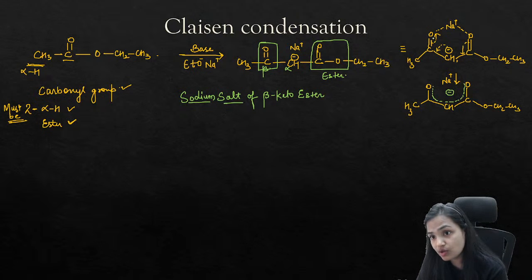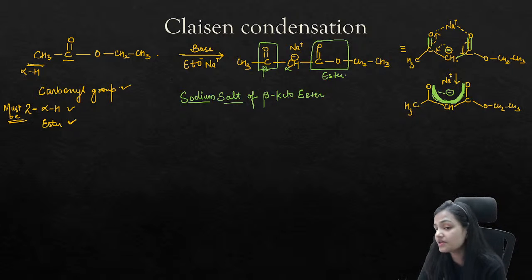Over the oxygen, this carbon, because this negative and this pi bond are in delocalization, it will delocalize to give you the negative charge over the O. So this negative charge is getting delocalized over the carbon and oxygen, and here also this negative charge will undergo delocalization with this oxygen. This negative and this double bond are forming a resonating system, so it is delocalizing from here to here.